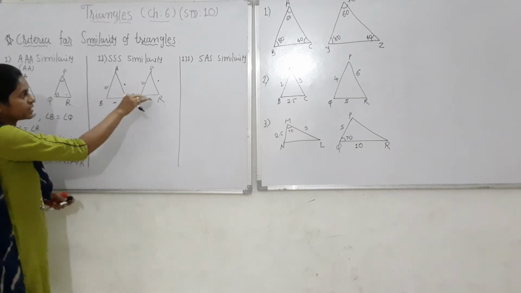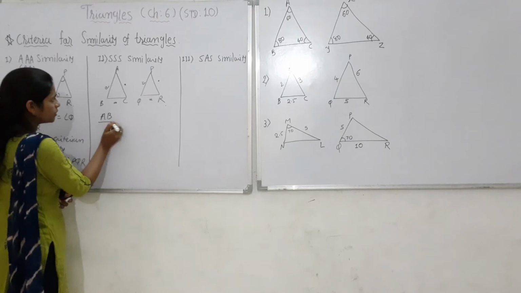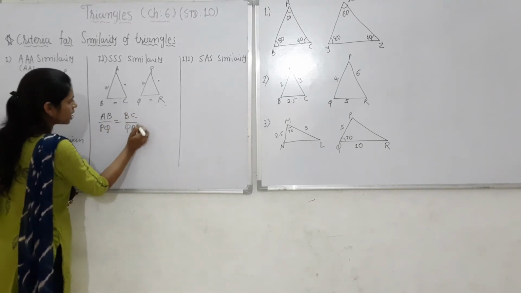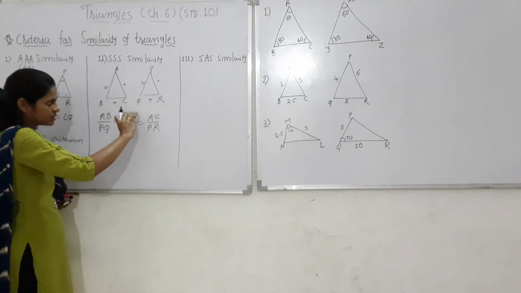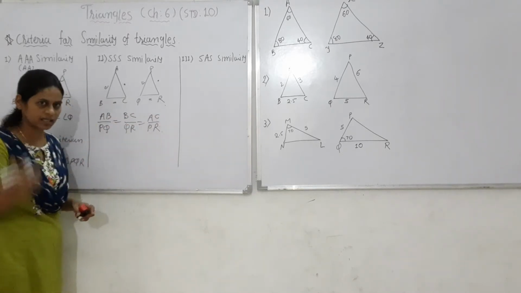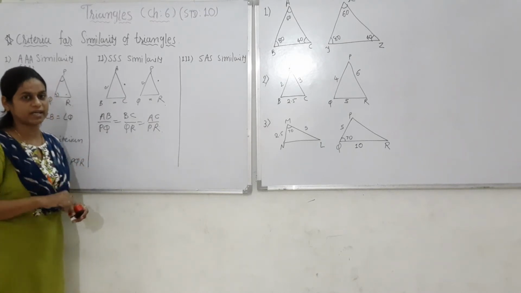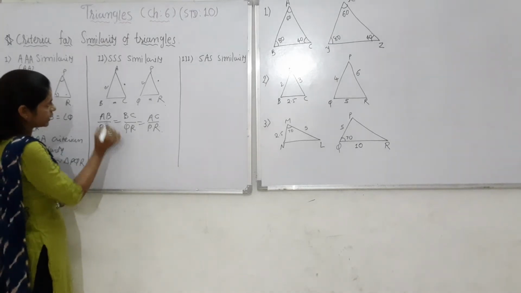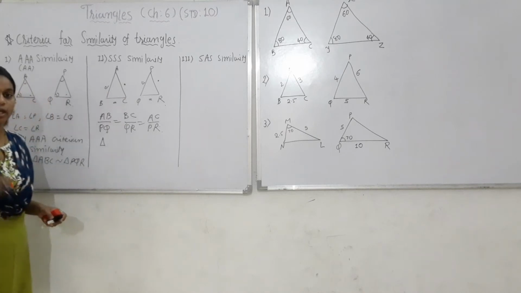Then you can say these two triangles are similar. That means AB upon PQ, BC upon QR, and AC upon PR are equal. It means the three corresponding sides are in the same proportion. Then you can say these two triangles ABC and PQR are similar by the similarity criterion of SSS.